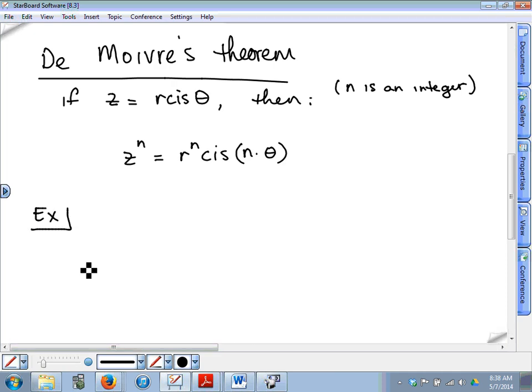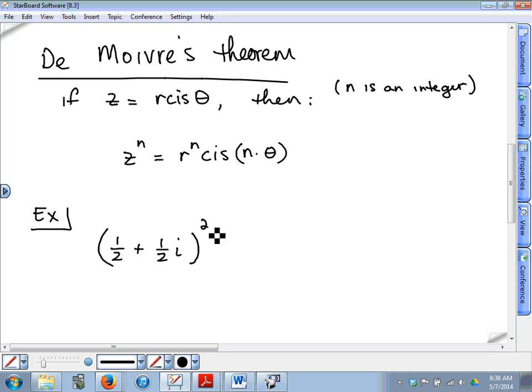So, example. Here's a complex number, 1/2 plus 1/2 i. Now, in standard form like this, I don't want you to leave it, because you're going to have to raise it anyway.